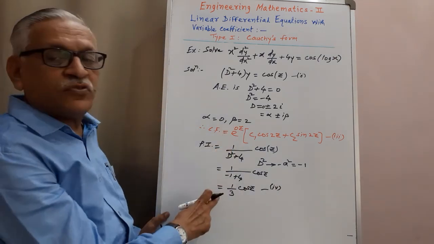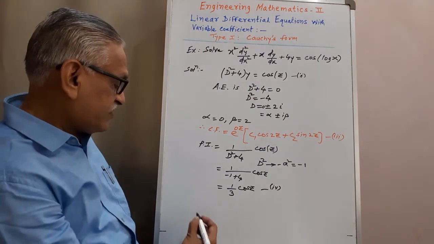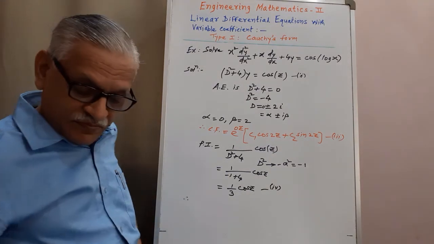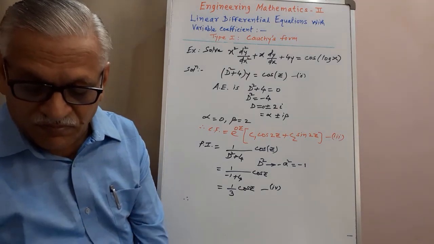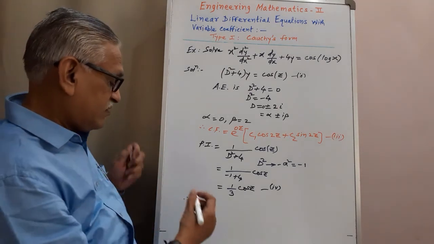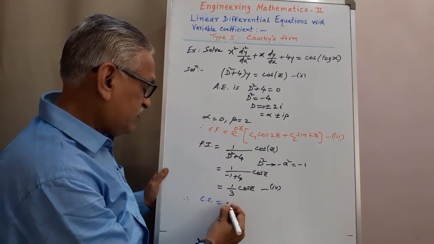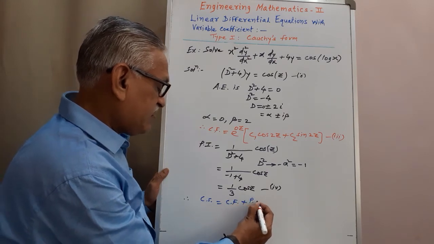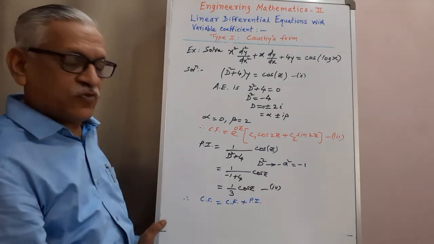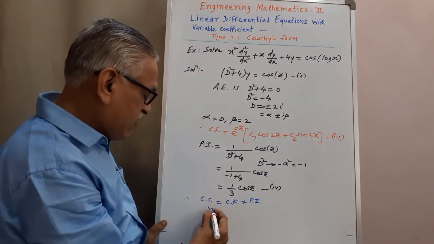Then combine these two, CF and PI, to get the complete solution. Complete solution is CF plus PI, equation 3 plus equation 4. The complete solution is always for the dependent variable. Here the dependent variable is y.